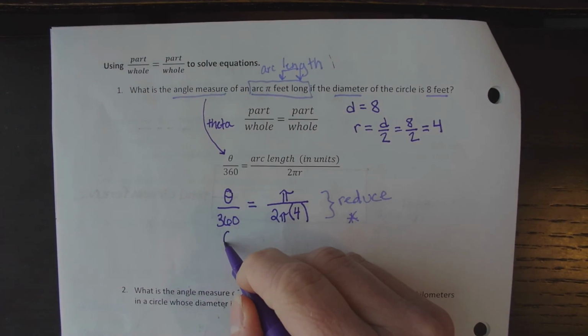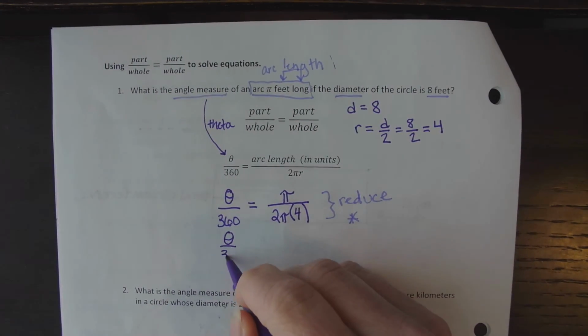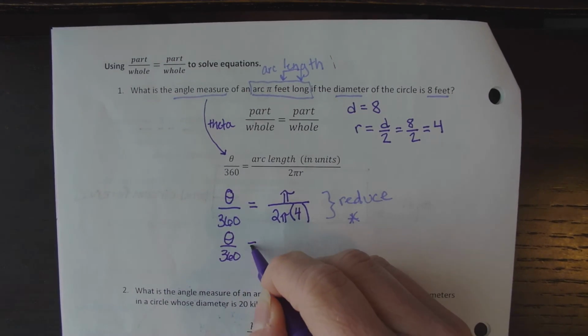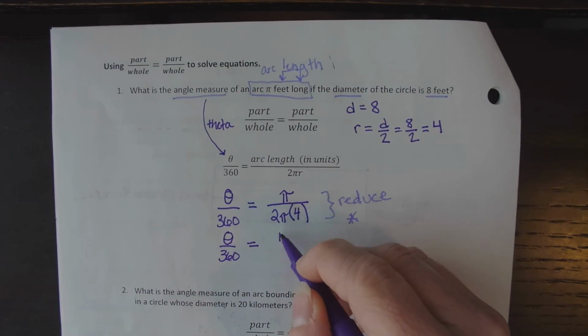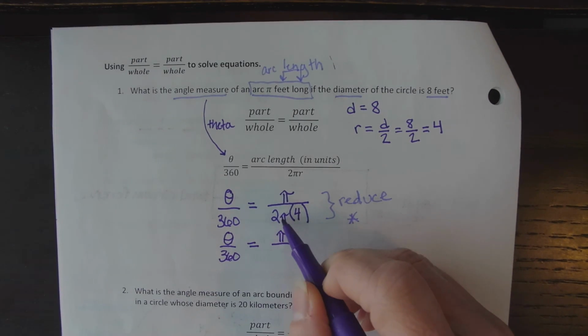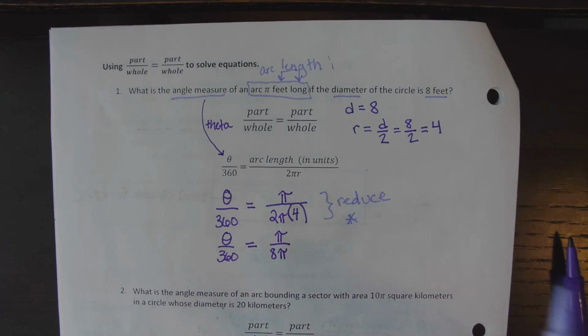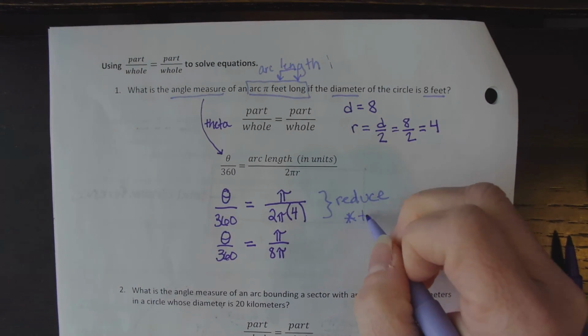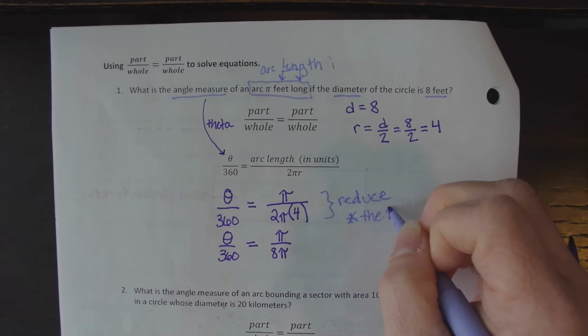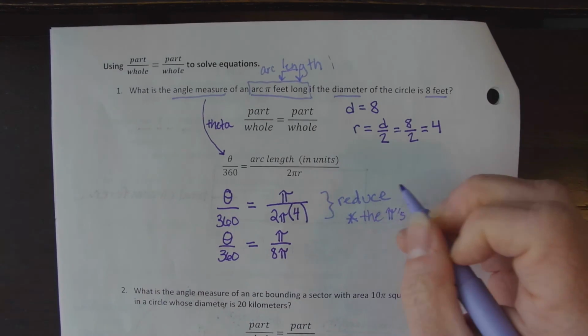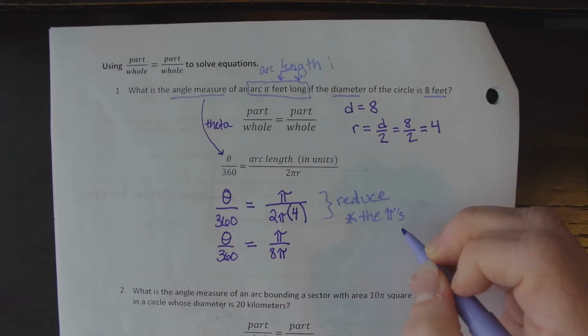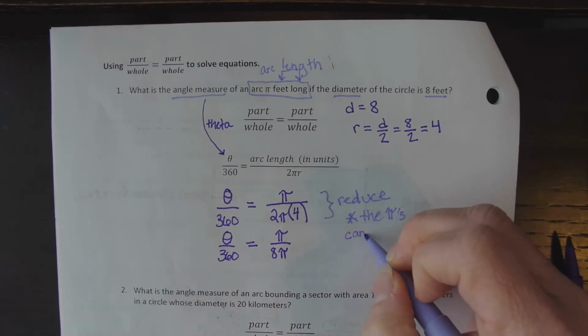So I'm going to rewrite this. Theta over 360 is equal to pi over 2 times 4, which is 8 pi. And so in this case, the pi's are going to cancel out.